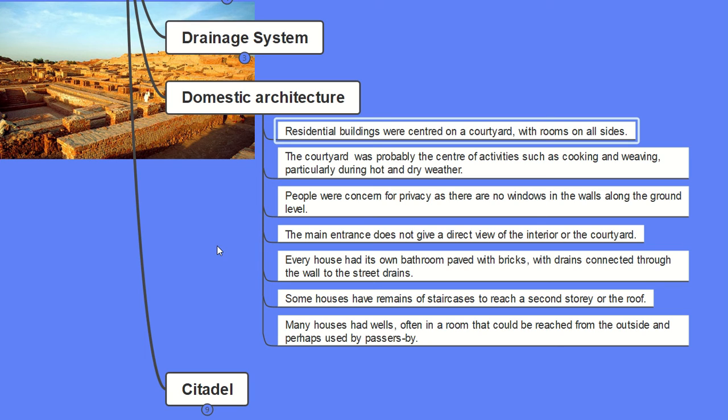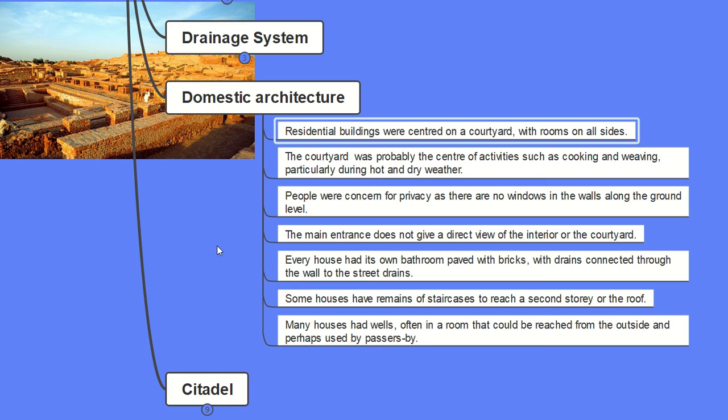And every house had a bathroom, a separate washroom paved with bricks, and a well connected drainage system. In some houses they are also able to find remains of staircases, which is evidence that they might have used these staircases to reach the second story or the roof of the house.